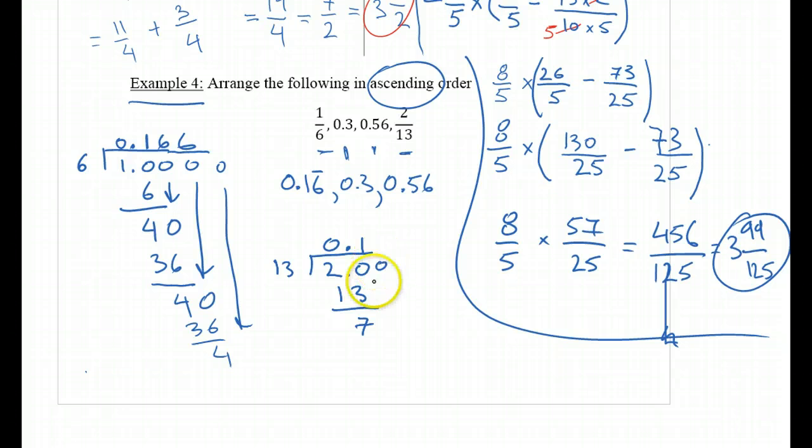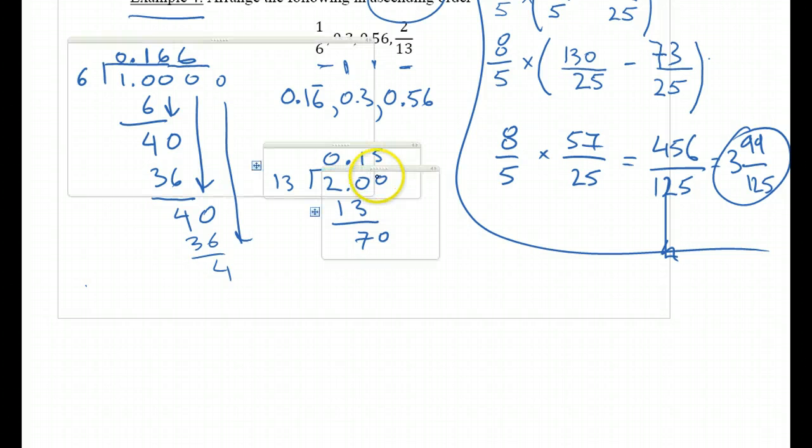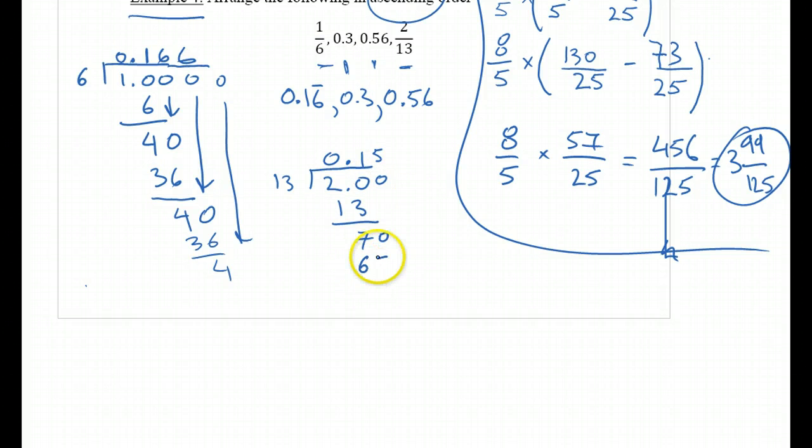Let me grab some more zeros. 13 goes into 70, 5 times. 5 times 13 is going to be 65. That's going to give me 5. Drop another 0 down. And that's going to be, I believe, 3 times. 3 times 13 is 39. And that's going to give me 11.